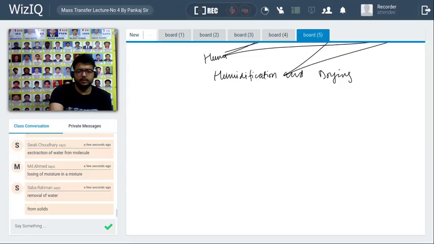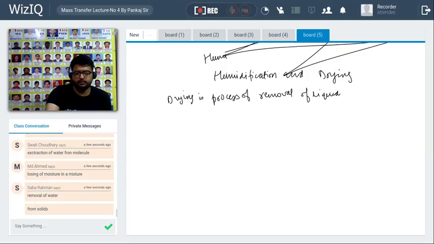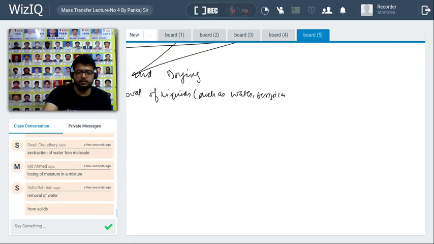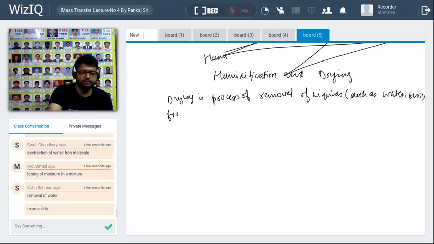So let me write the definition. Drying is the process of removal of liquids such as water, benzoic acid, etc. It can be anything, from a process material that is solid.